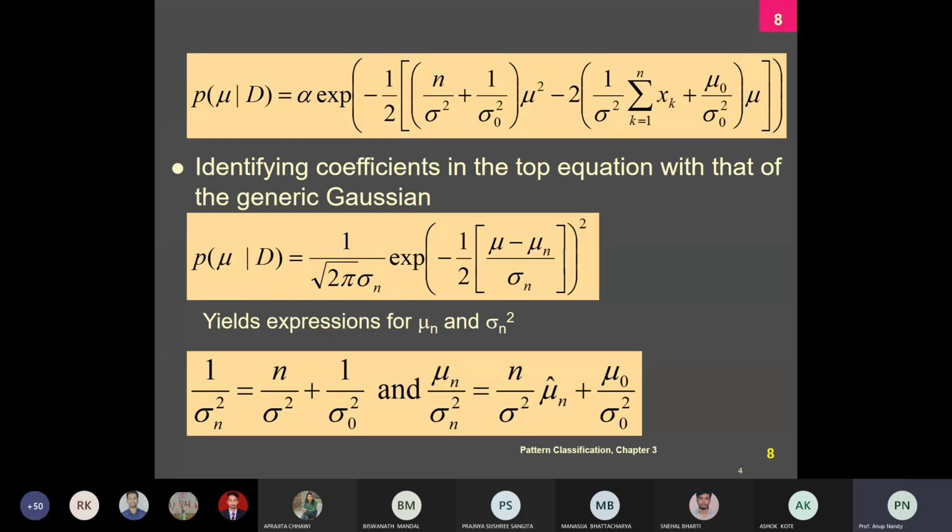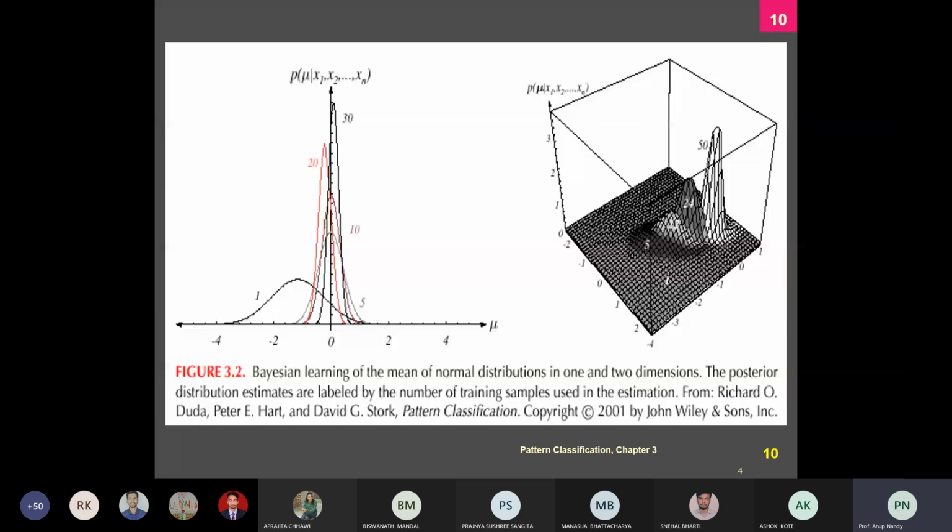I'm skipping the mathematical part, so you just go through it. Although Bayesian estimation is not so popular, and ML is most popular, still you need to know it, since Bayesian learning is coming up, so it is very important.